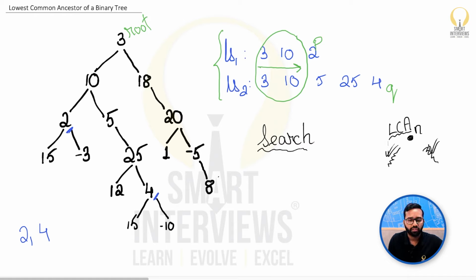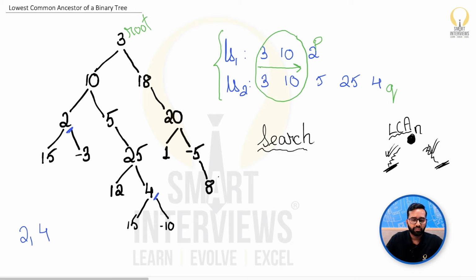So we are going to search for both the nodes P and Q at the same time in the tree, and the moment we encounter a node where one of the nodes is found on the left side and one of the nodes is found on the right side, then this current node becomes the LCA.